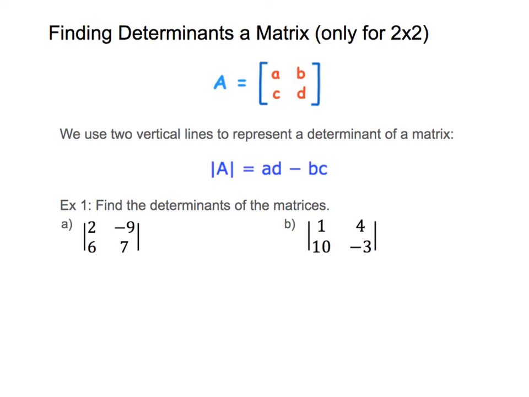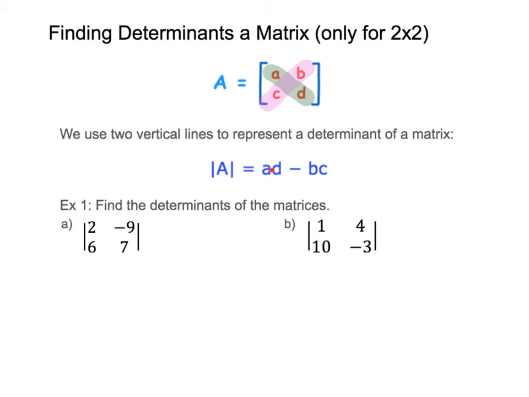Now, to find a determinant, for this case, it needs to be a 2 by 2. So 2 rows, 2 columns. Now you'll see here's the formula. So the determinant of A, which is a matrix here, is A times D. So A times D would be these two multiplying each other minus B times C. So how I think of this is basically when you find the determinant, you just multiply diagonally from left to right.